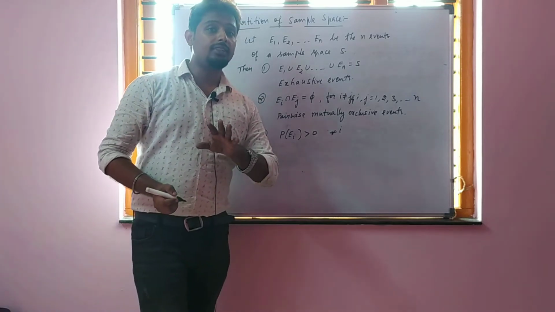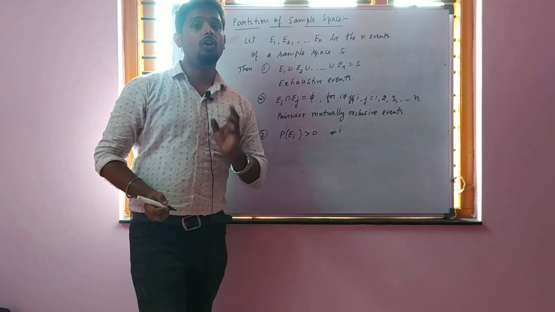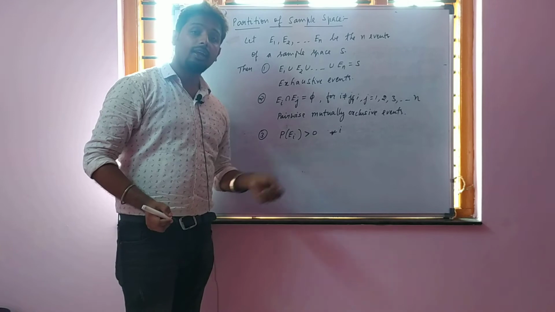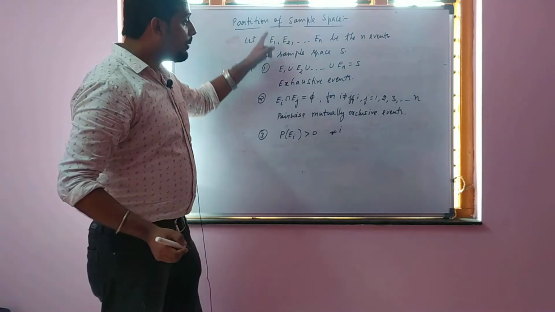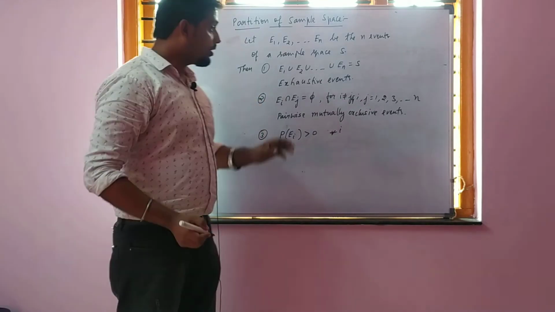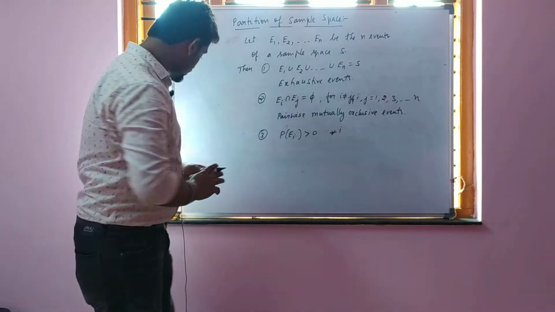So I cannot consider impossible events. I need events which have some probability. Got it? So this should always be greater than 0. These are the three prerequisites required to prove Bayes theorem. Now let us use these prerequisites to prove the Bayes theorem.